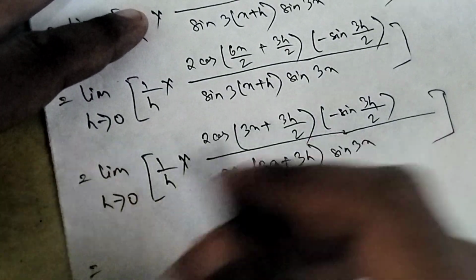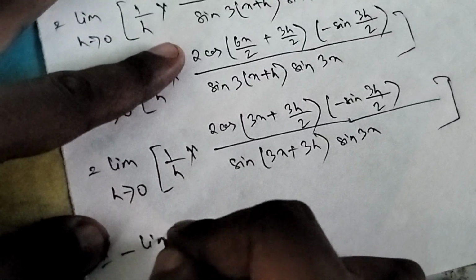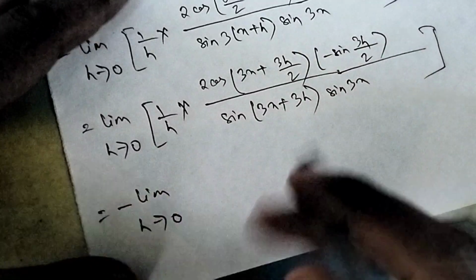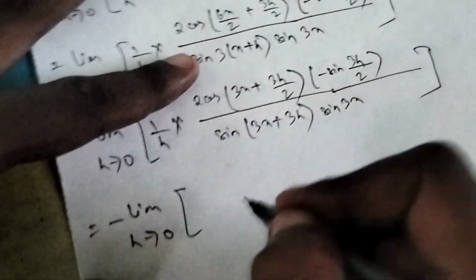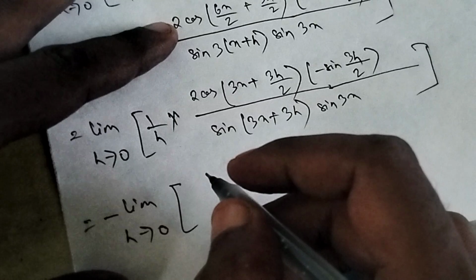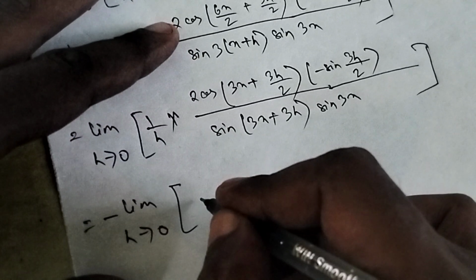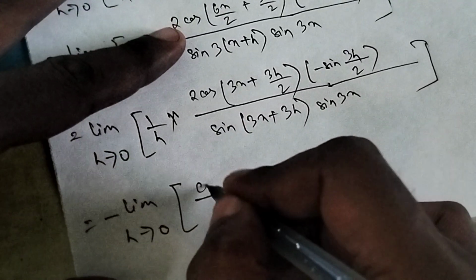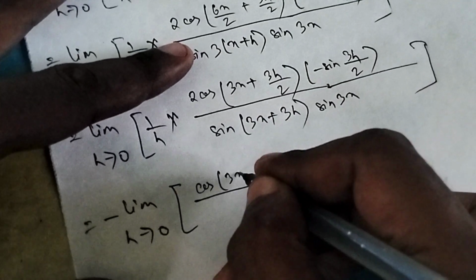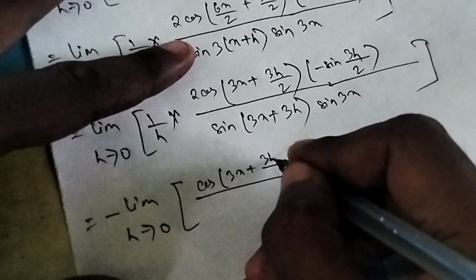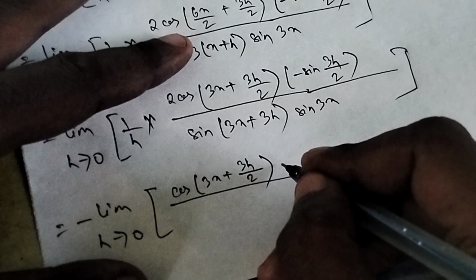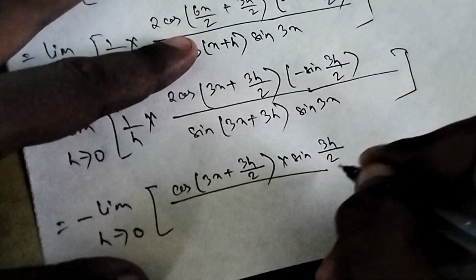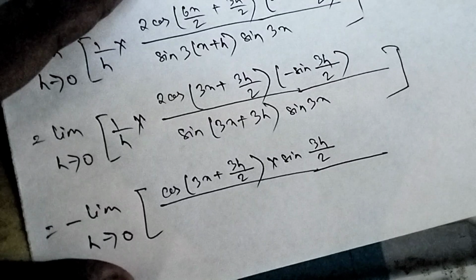this minus will come outside, minus limit h tends to 0. We write cos (3x plus 3h by 2) into sine 3h by 2 as it is.